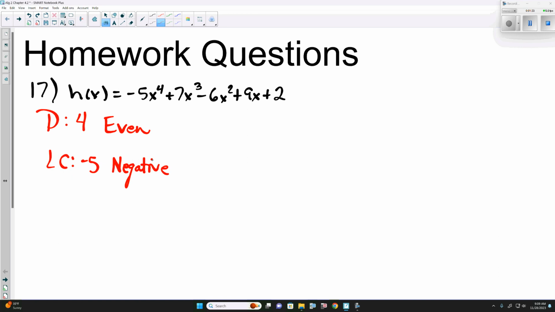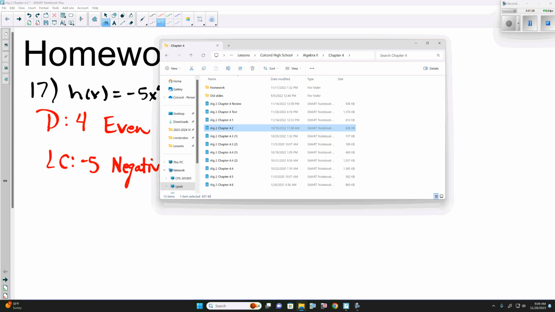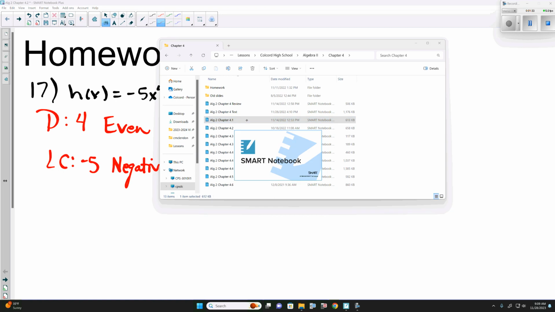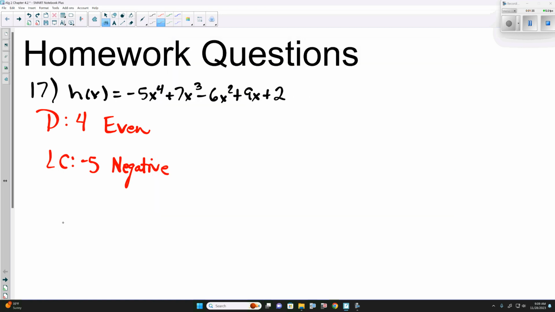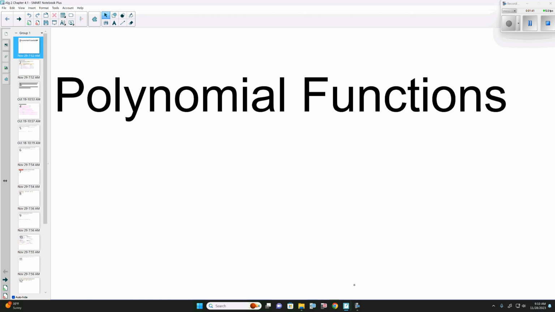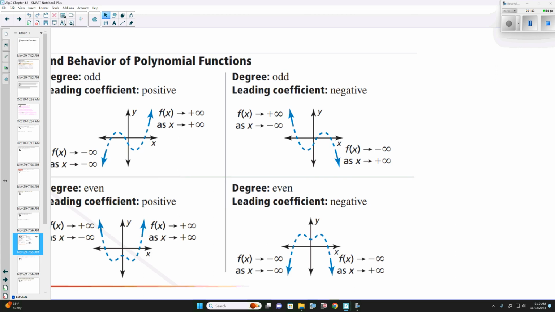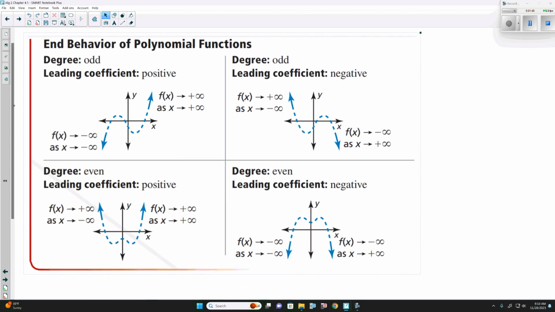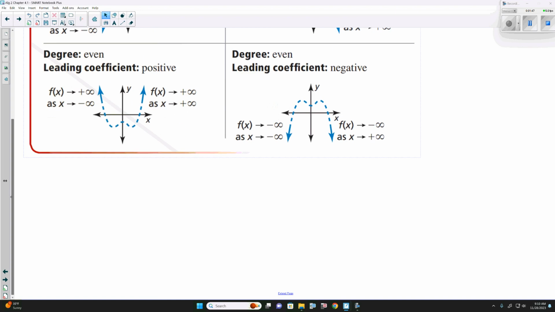Now, for this here, we would just go back to the chart and pull the chart up. Right here. Degree is even, leading coefficient is negative.